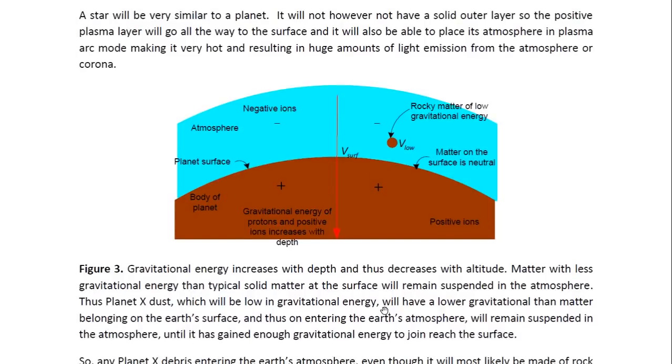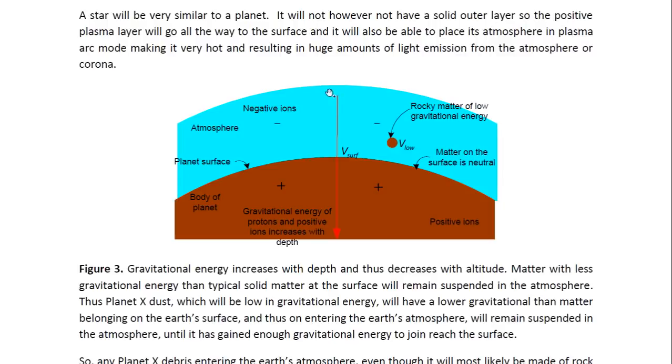And this diagram illustrates how the gravitational energy changes across a planet, for example, on the Earth. So we have the gravitational energy high at the center, and it decreases as you go up in altitude.